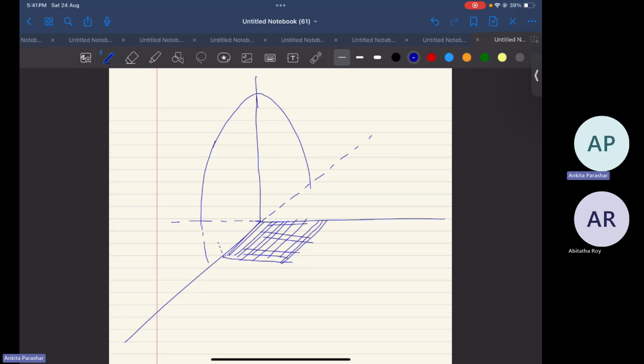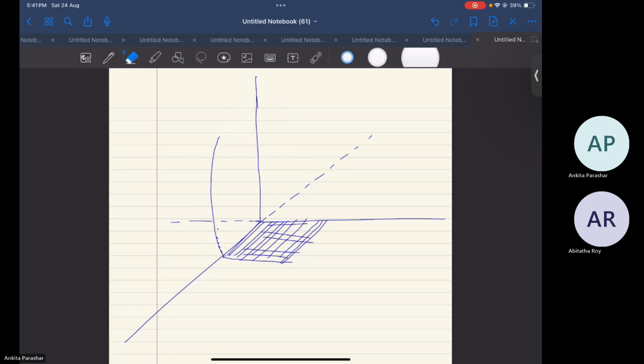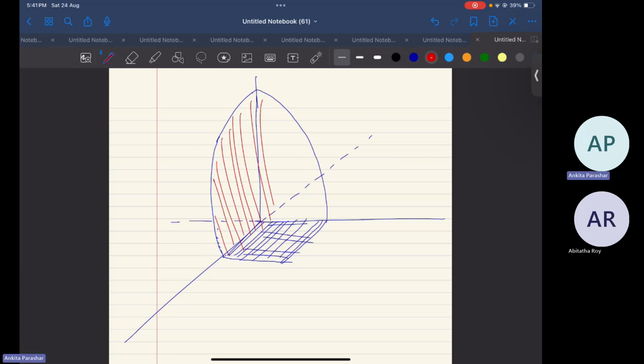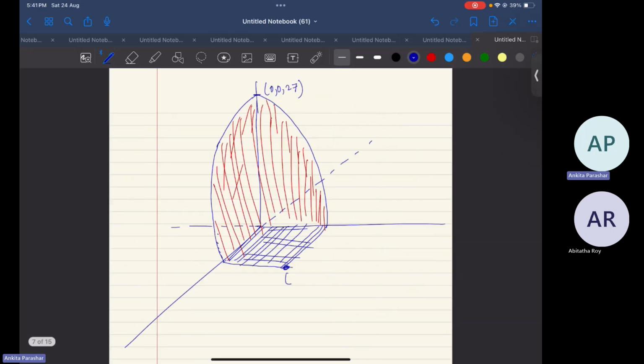And I have to just extend this. I think if I'm not drawing wrong, this is how it should be. And this is the point 2700. And this is nothing but your 3 3, it should say 330.